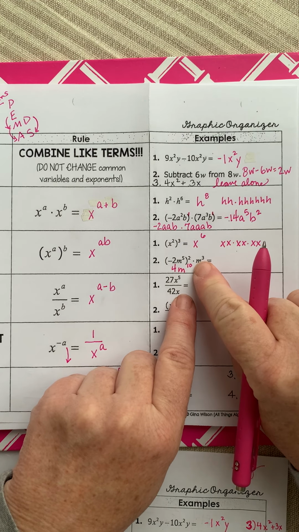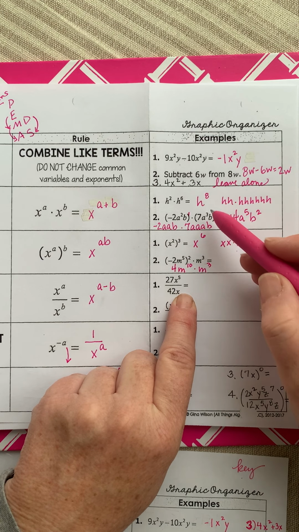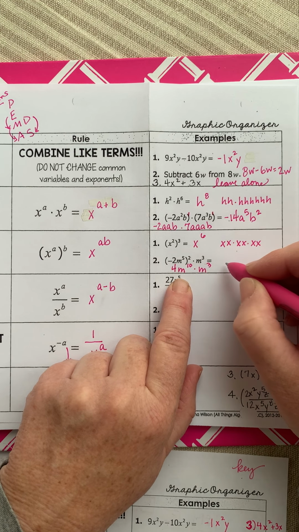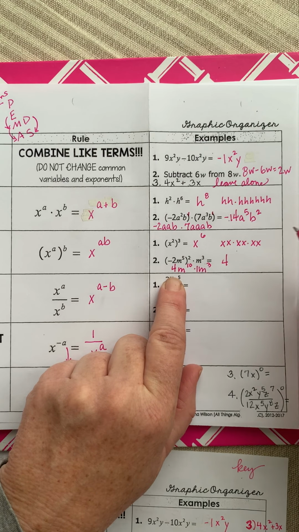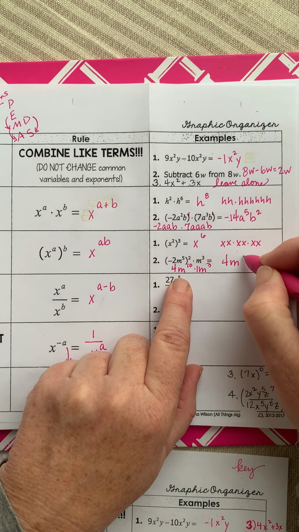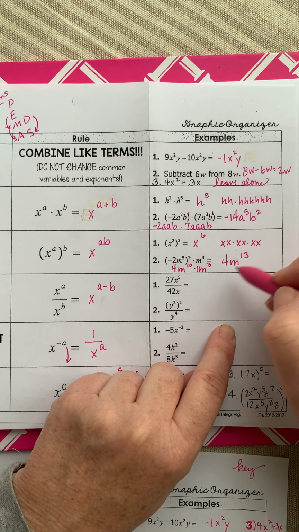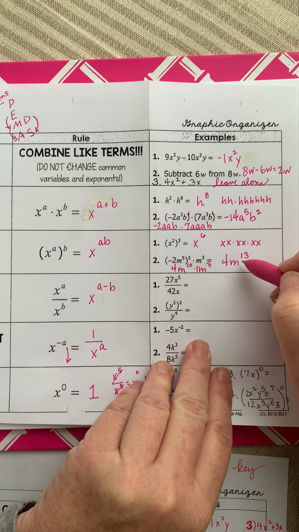So first I used the power rule, and now I'm going to use the product rule. So when I multiply these, I add the exponents. The 4 is just going to stay because it's being multiplied by 1, m to the 13th. Okay, so that was a little combo one, and that's what tends to happen on these and how they can get to be a little bit confusing.